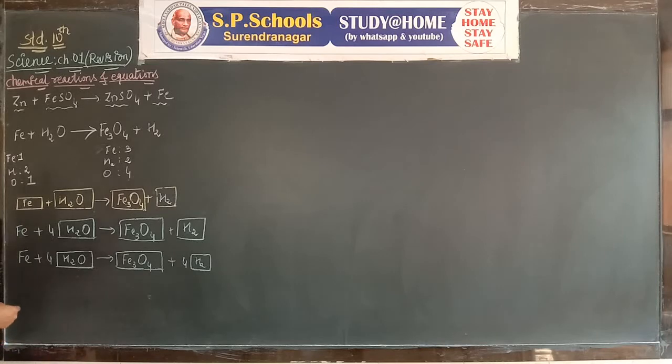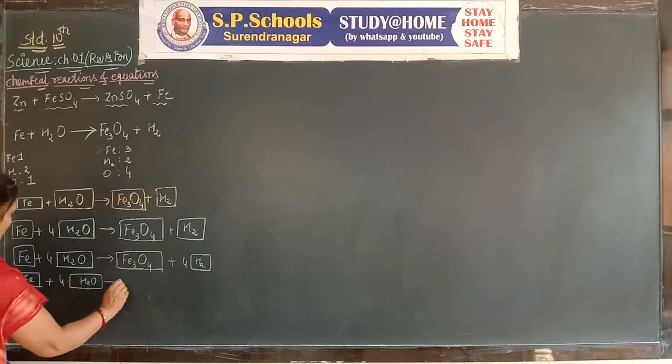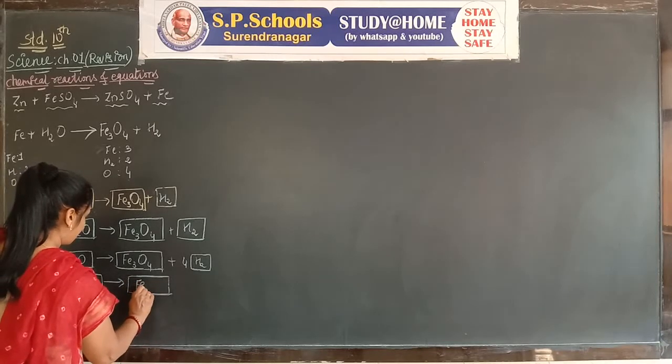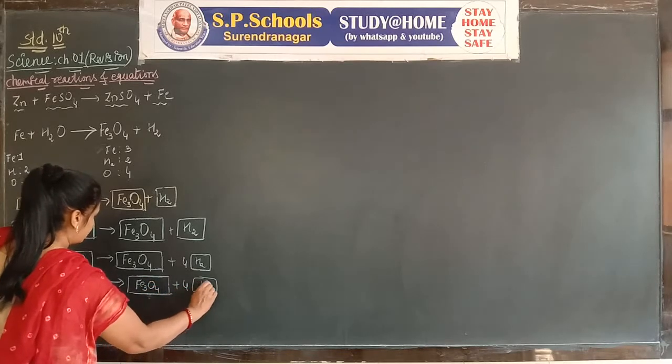So when we complete the equation, we complete the number of iron. Iron will be left, so we put 3 before Fe. 3Fe plus 4H2O gives Fe3O4 plus 4H2.